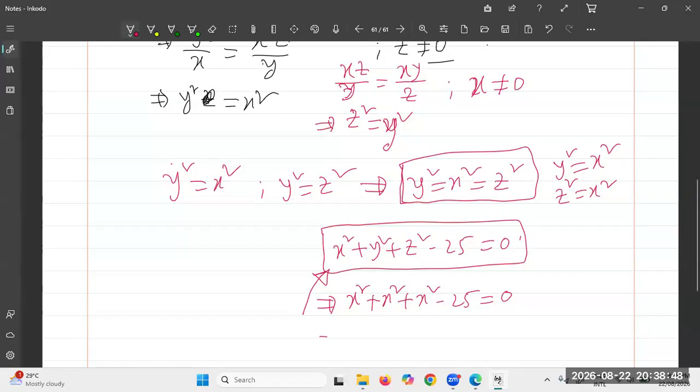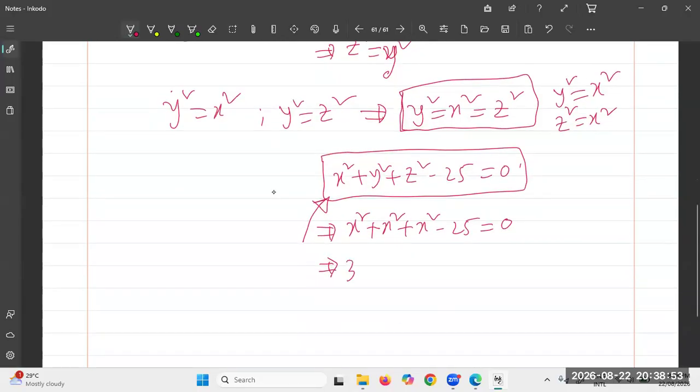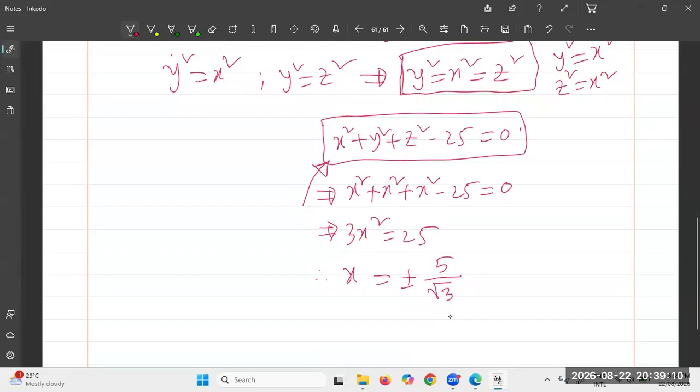So now we can calculate the values of x from this equation, and this is 3x square is equal to 25, and our x values are plus minus 5 divided by root 3. So we have calculated the x value, and since x square is equal to y square, we can also calculate the y value, and those values are also the same.